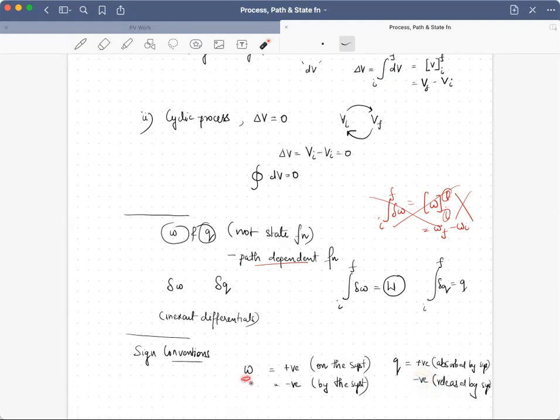Similarly, when work is done on the system, the value would be positive. However, if the work is done by the system, if the system is doing some kind of work, that would be a negative value. So please remember these sign conventions, because this will help us use them further in the course that we are going to learn.